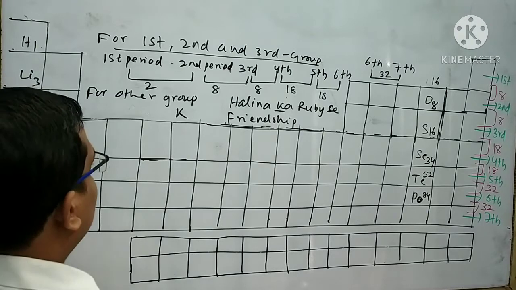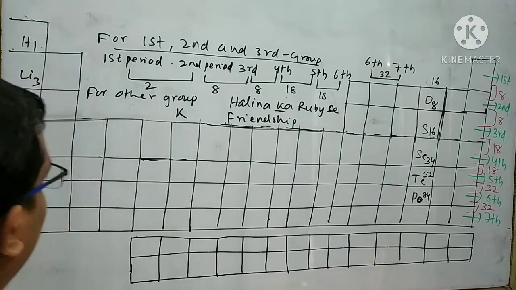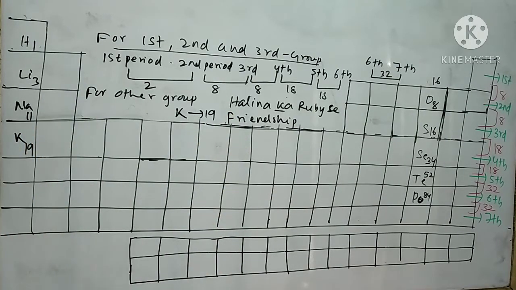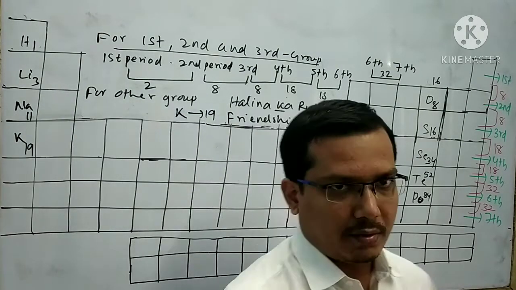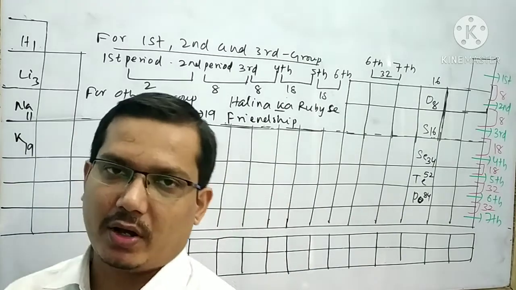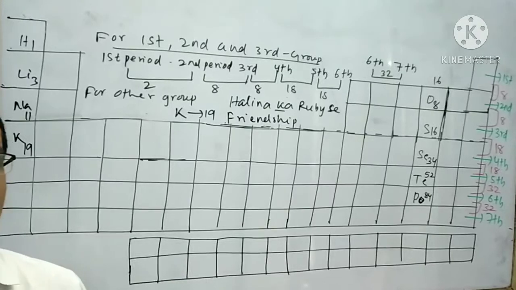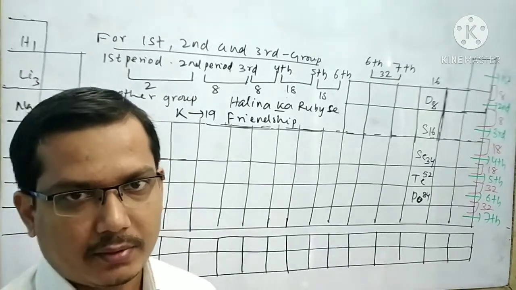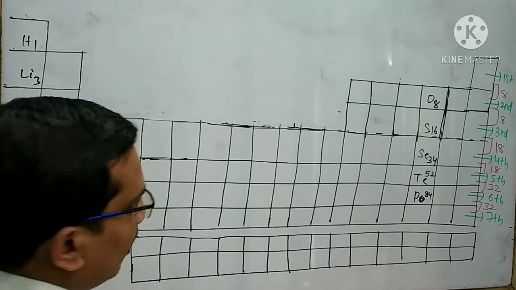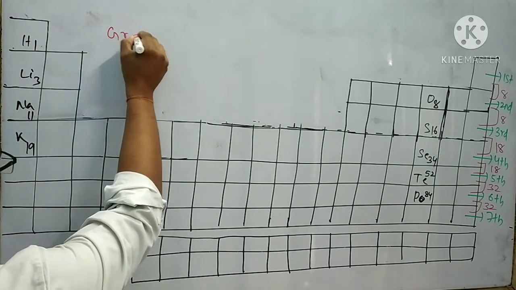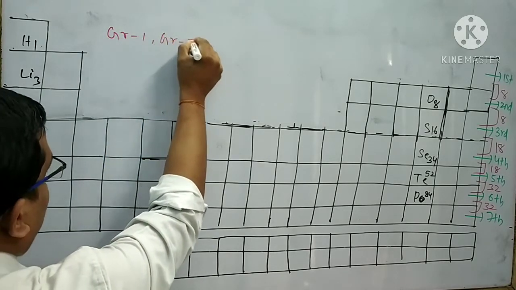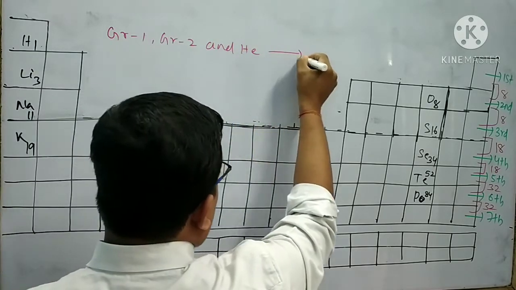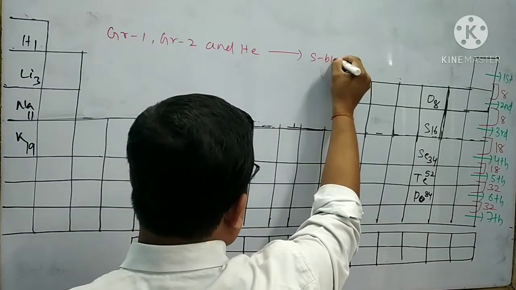That's why the atomic number of potassium is 19. By this way, you can find out the atomic number of any element present in the modern periodic table. Remember some important points: group 1, group 2 and helium belong to S block.